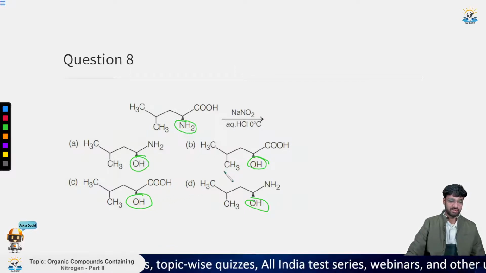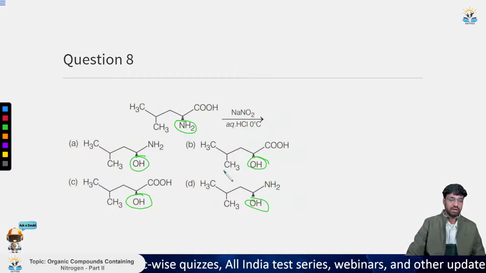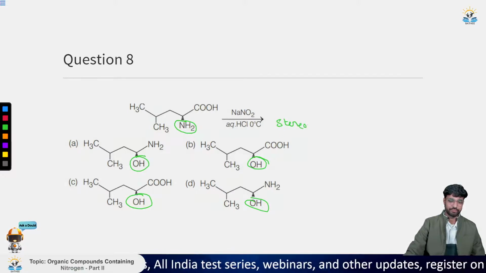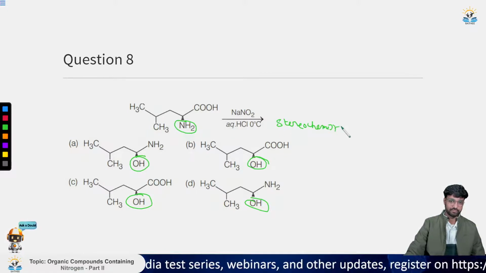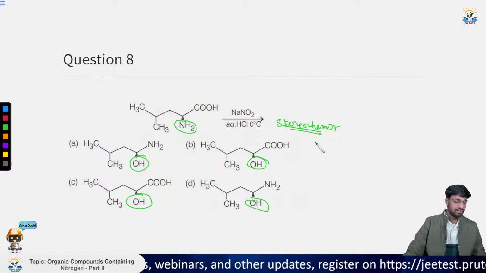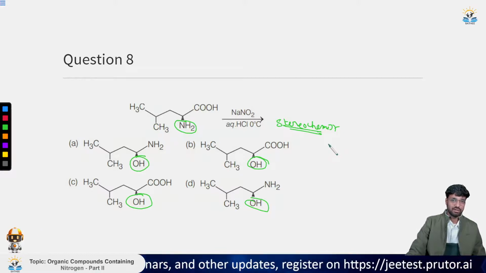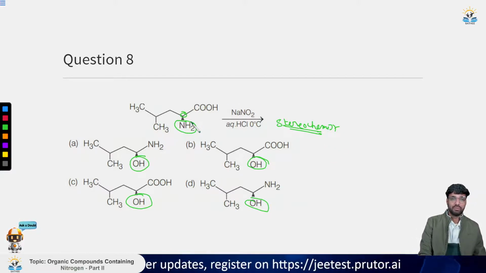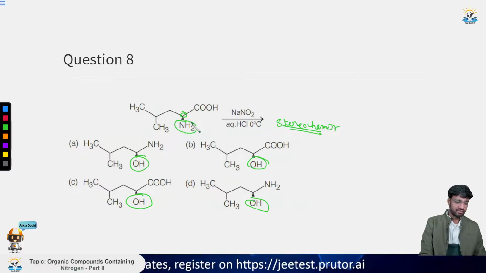You have to decide by yourself. You have to decide your stereochemistry. So let me give you a hint. There is a kind of retention of this stereo center. So you should remember this point, that this diazotization involves retention of the stereo center.